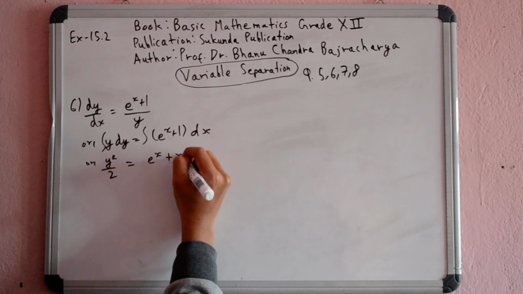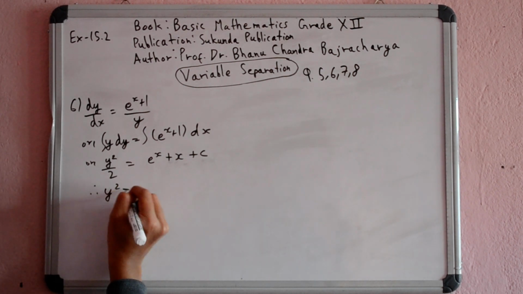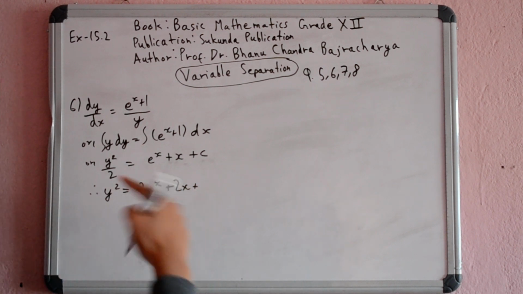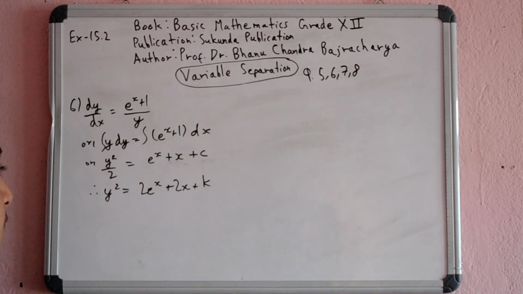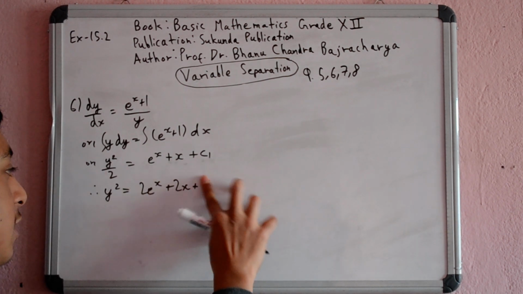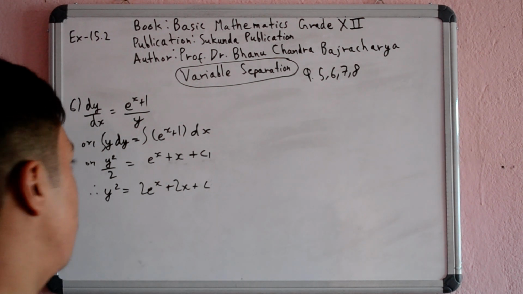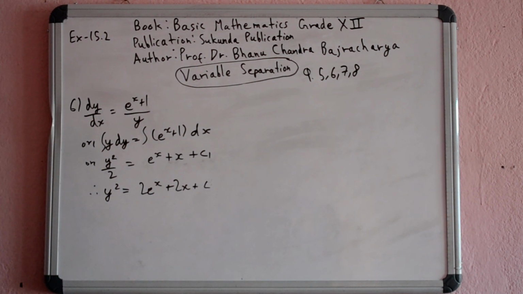Integration of 1 is x. Don't forget the constant c. And finally, we get y squared equals 2 e to the power x plus 2x plus 2c, which is just another constant. Let's just write it as k. Or if you want, you can write it as c1 and finish it off with c to get the exact answer in the book. Now, let's move on to the 7th question.